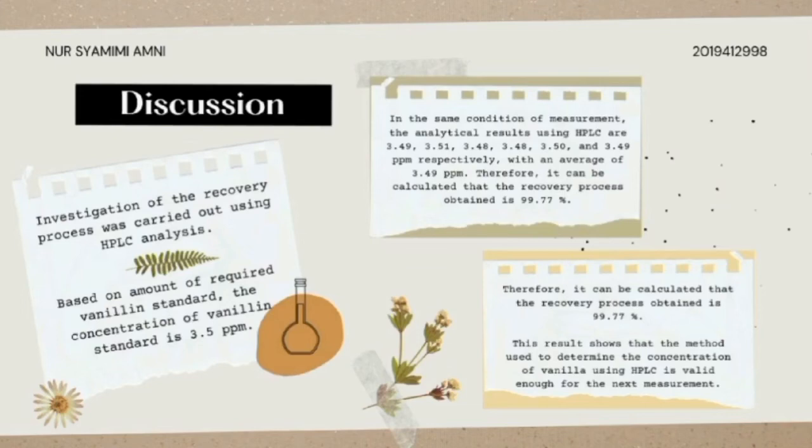In the same condition of measurement, the analytical results using HPLC are 3.49, 3.51, 3.48, 3.48, 3.50, and 3.59 ppm respectively, with an average of 3.49 ppm. Therefore, it can be calculated that the recovery precision obtained is 99.77%. This result shows that the method used to determine the concentration of vanillin using HPLC is valid enough for the next measurement.